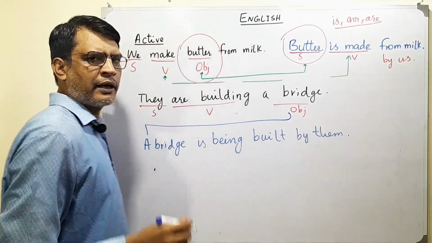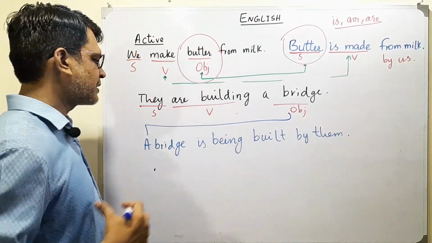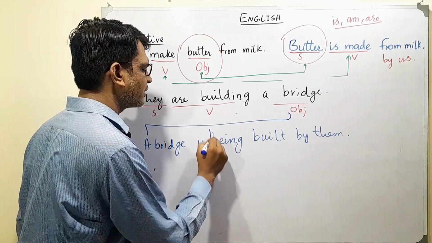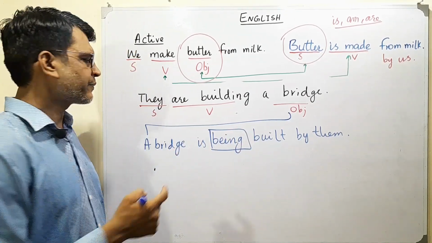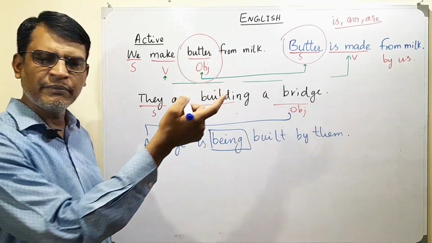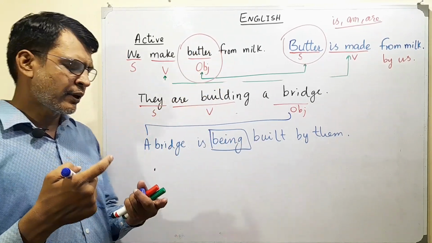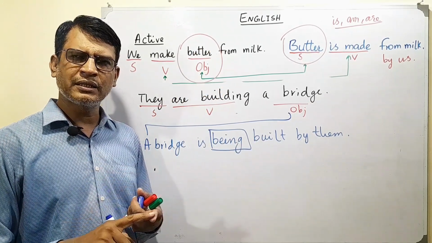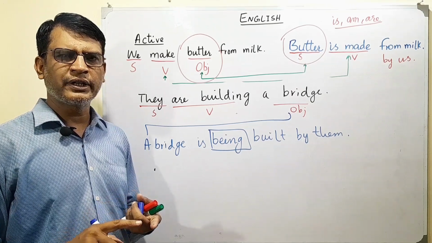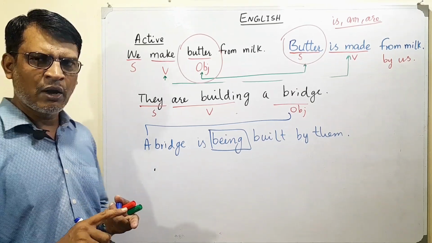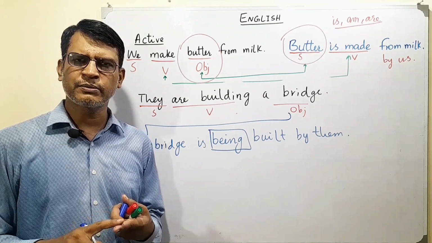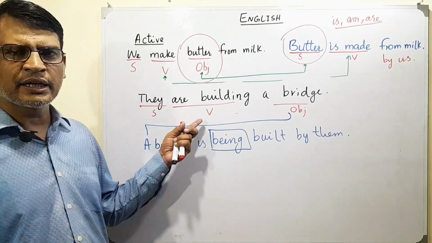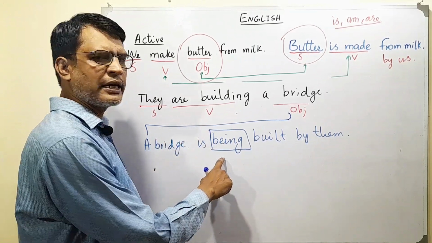In continuous sentences, this is the additional thing. Being is an additional thing. Is built is the same with all the normal sentences like present indefinite or past indefinite or future indefinite or present perfect or past perfect, but when it is a continuous sentence, this is an addition.